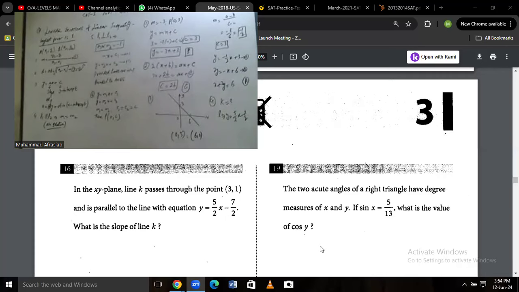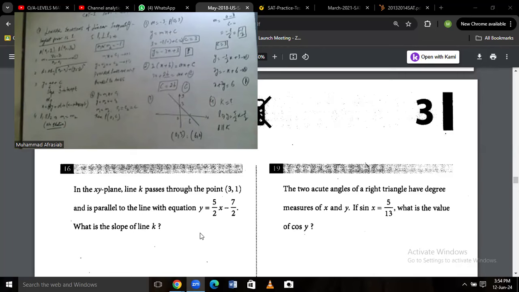In the xy plane, the line K passes through the point (3, 1) and is parallel to the line with the equation y equals 5 over 2x minus 7 over 2. What is the slope of this line K? Since the line K is parallel to line L, the slopes are equal.